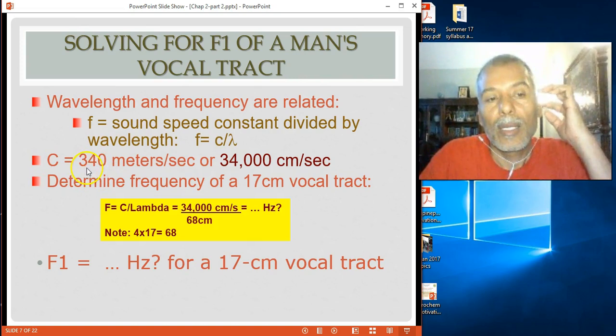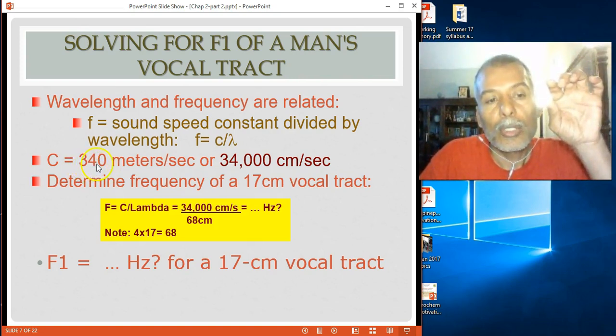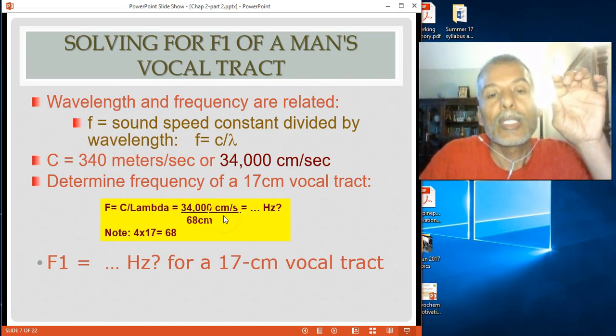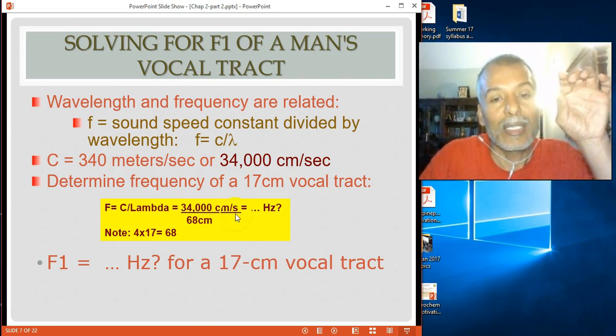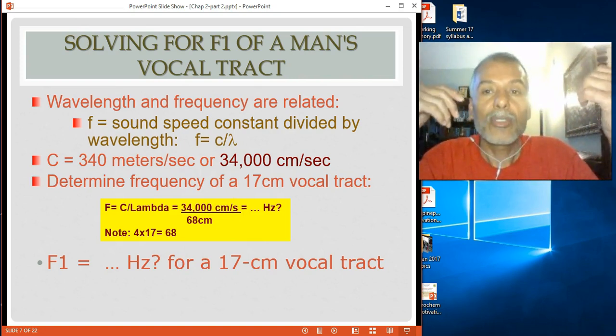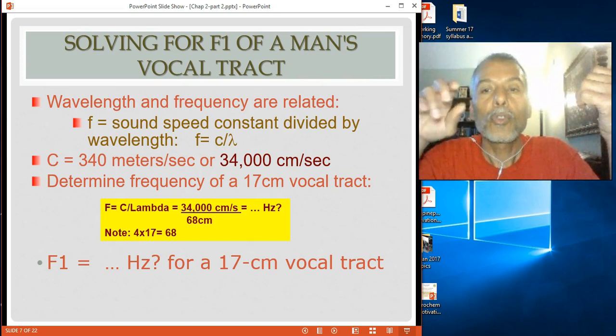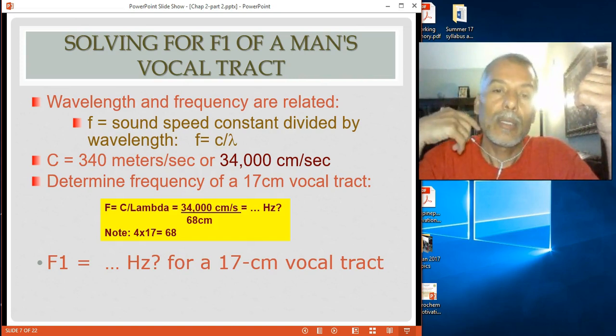So you say 1 meter equals 100 centimeters. So 340, you add 2 zeros, and you get 34,000 centimeters per second. That is the same as the sound traveling at 340 meters per second when humans make it in the vocal tract.